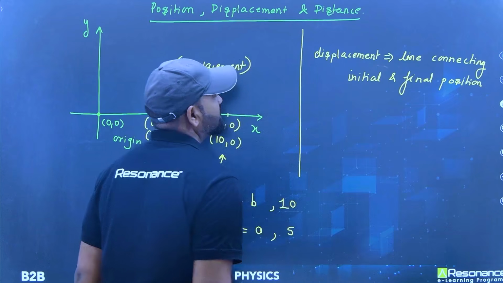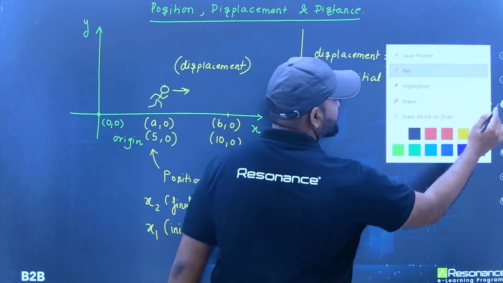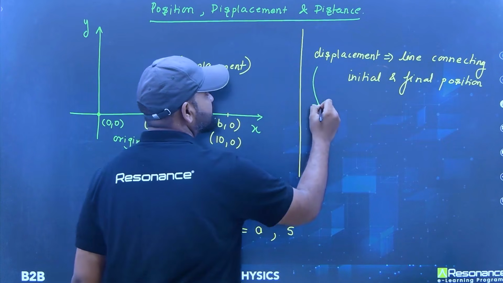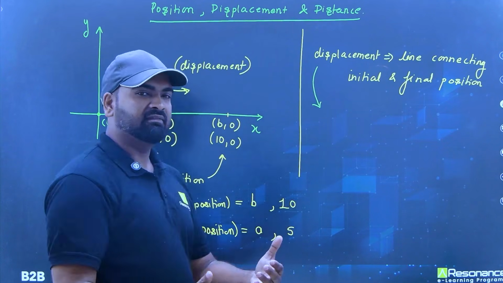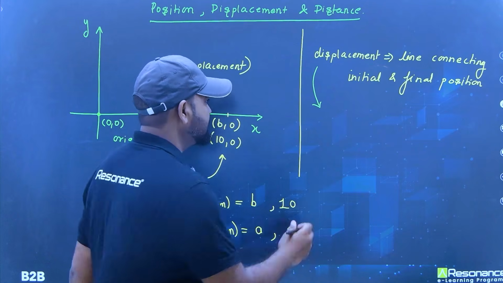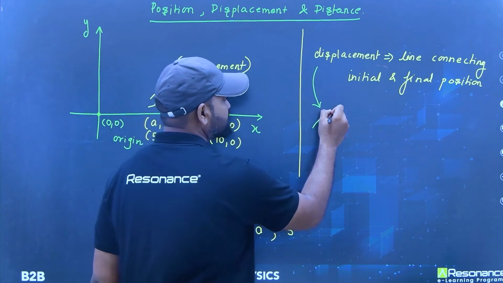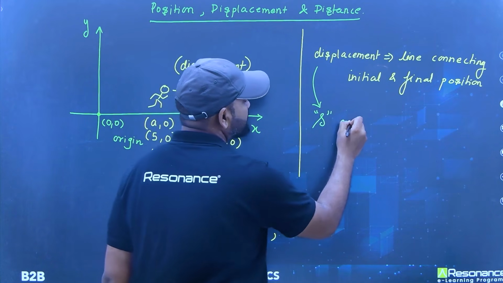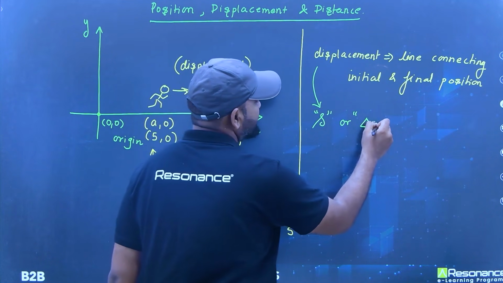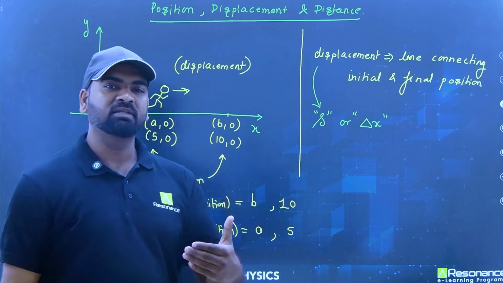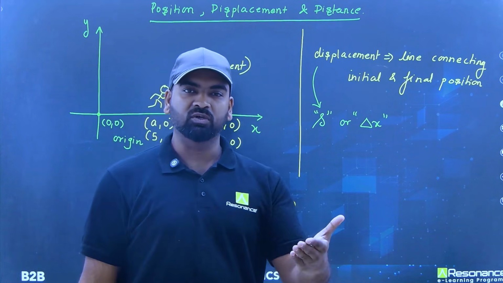If somebody asks how to write the displacement, it's quite simple. It is mostly represented by the symbol S, or sometimes referred to as delta X. If it is your first time, delta simply means subtraction of two quantities.